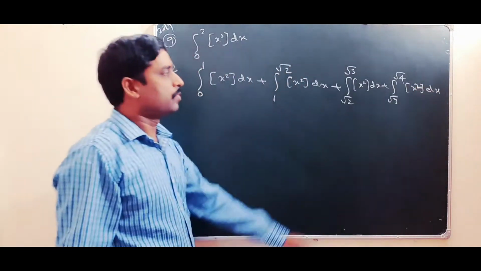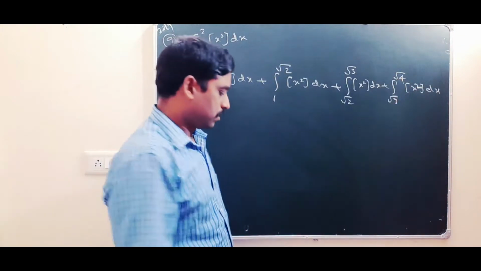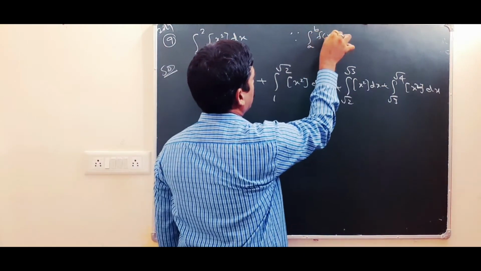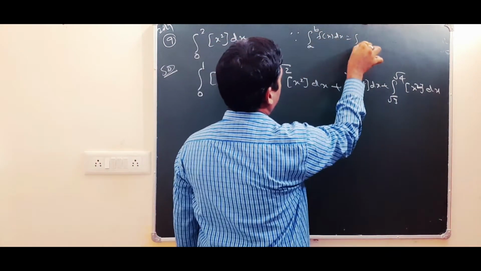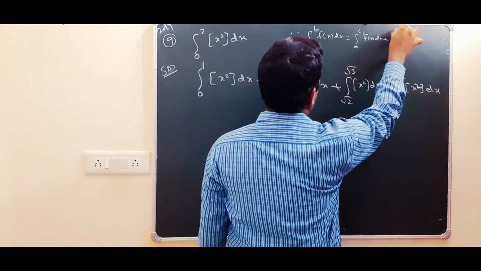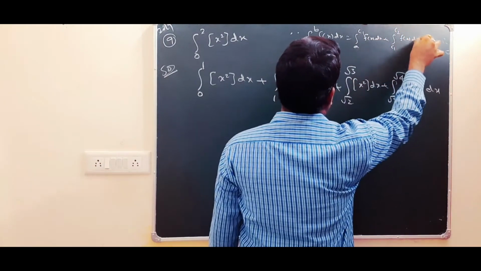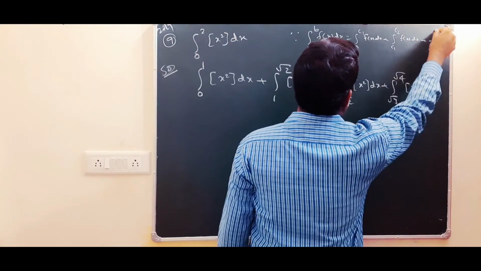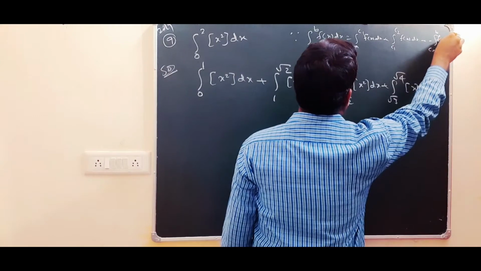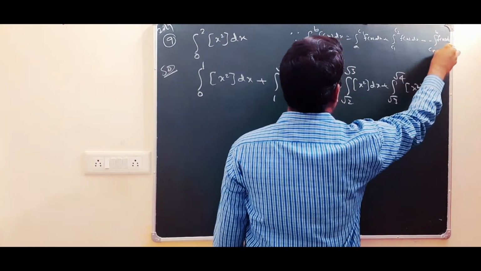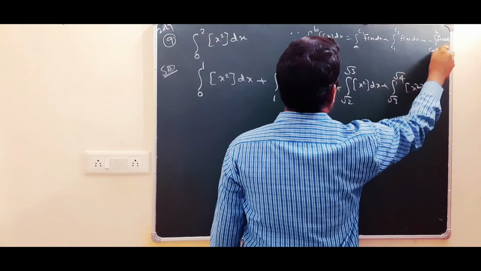Root 4 is nothing but 2. We have this property: integral a to b f of x dx is equal to integral a to c1 f of x dx plus c1 to c2 f of x dx and so on, last cn to b f of x dx. By using this property, one integration can be expressed as a sum of two or more integrals.